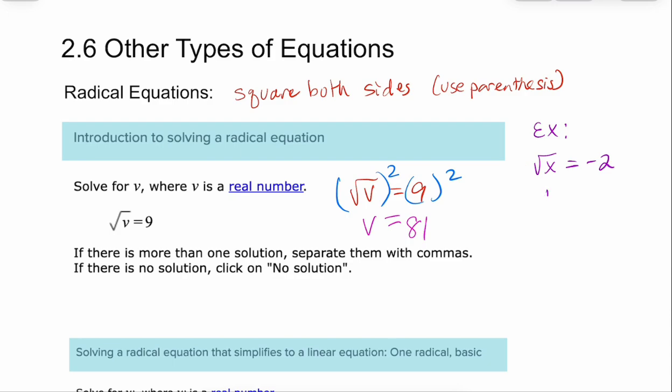But this would be a no solution because there's no way that we could square root something and get a negative out on the real number line, okay? So just be careful how they ask the question. But basically here, just square both sides and you got it, okay?